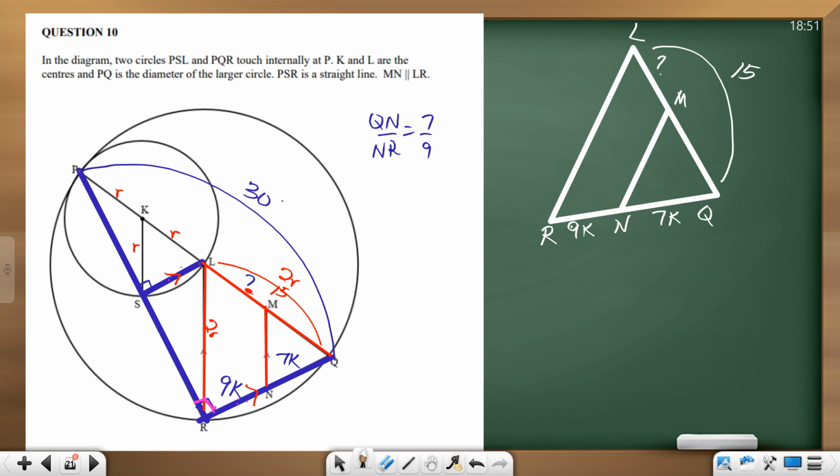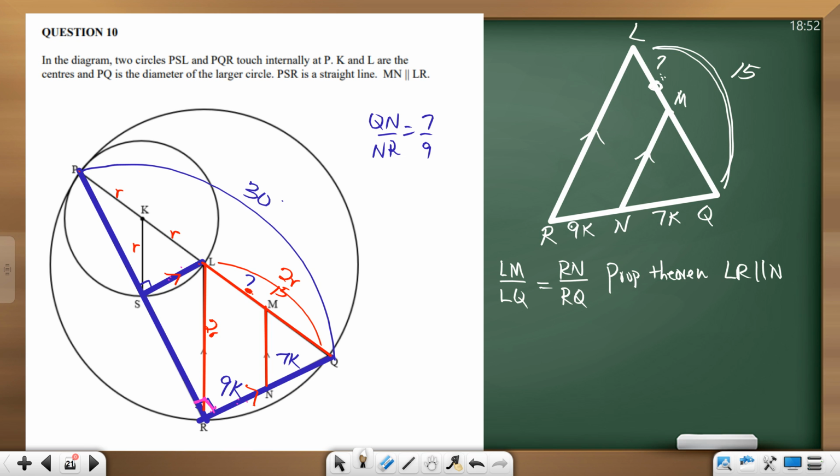I don't want you to do too many things, and I'm looking for that. What do you know? I am looking for LM, but I know the whole length. Can we walk around that? So can I write LQ? What will that be on this side? It is this top part over total. What will this be? Top part, RN, over what? RQ. Same pattern. What do I write? Proportionality theorem. Which lines are parallel?